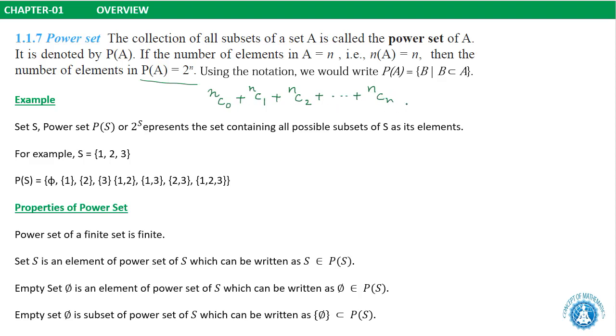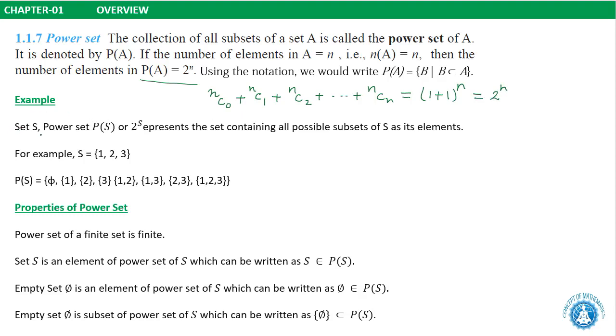This is equal to the expression (1 plus 1) raised to the power n, which is taken from the binomial expansion, and it is equal to 2 to the power n.